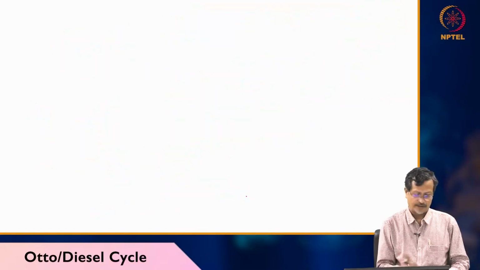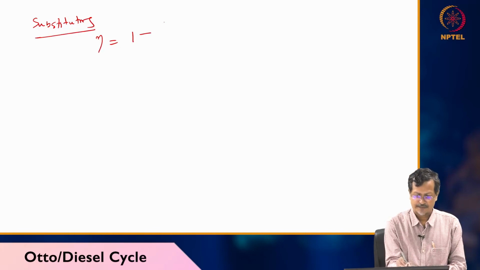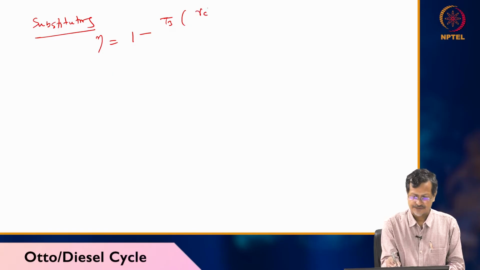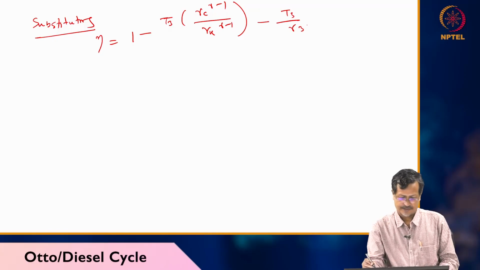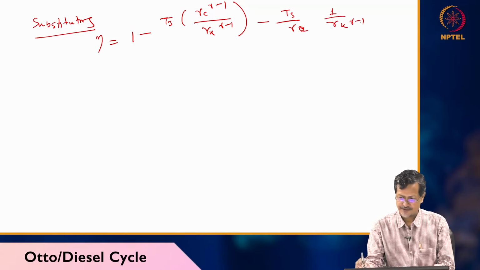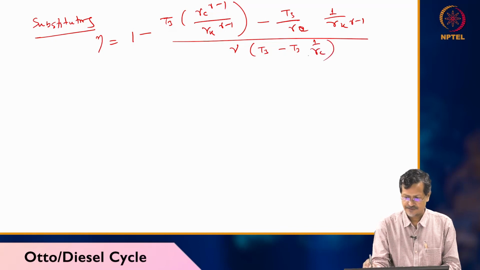So substituting, eta equals 1 minus [T3 RC^(gamma minus 1) / RK^(gamma minus 1) minus T3 by RC times 1 by RK^(gamma minus 1)] divided by gamma (T3 minus T3 by RC).